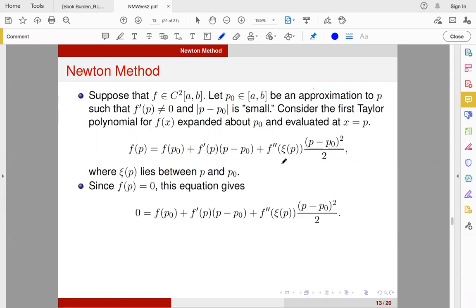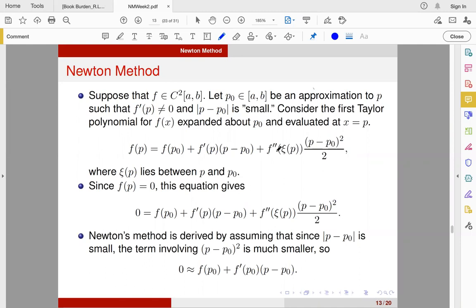Okay. Then, because f(p) is the root, it is 0, so this term will be 0. This is p0 again.